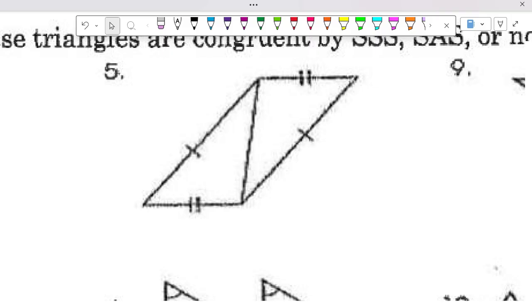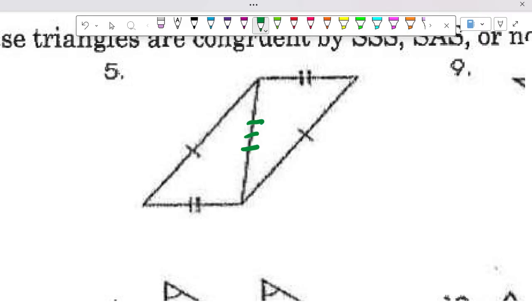Okay. So first off, this is by side, side, side. Why? There's only one assumption I can make to mark something else congruent. What is it? The side that they share. So I can mark this side as congruent to itself. Now I got 3 congruent sides marked. So remember, you cannot make an assumption unless it's justified.